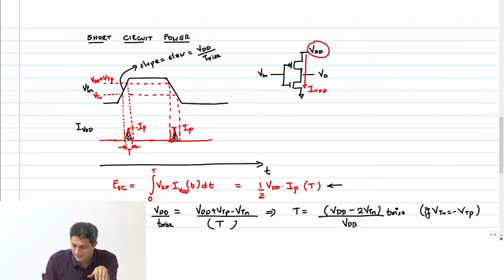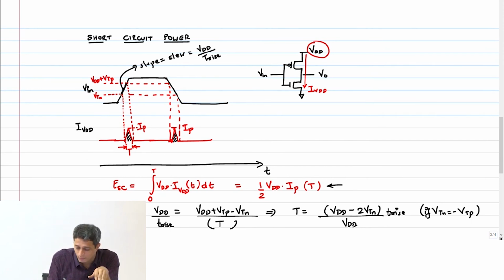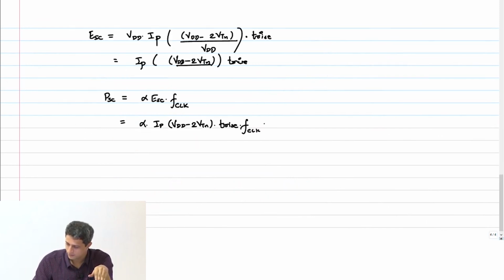So the input takes T, from 0 to T, to go from VTN to VDD plus VTP. So you have to look at this guy. This is T. If you look at this triangle, this is T. Okay, and that is the slew. That's what I'm defining as the slew. Clear? Yeah. So therefore, that's, yeah. Okay.